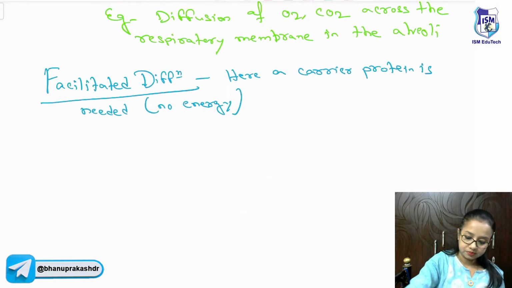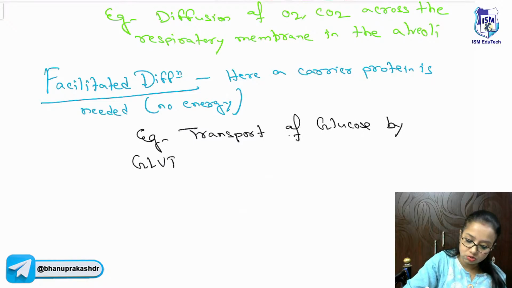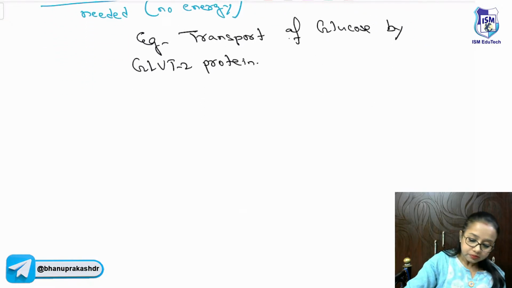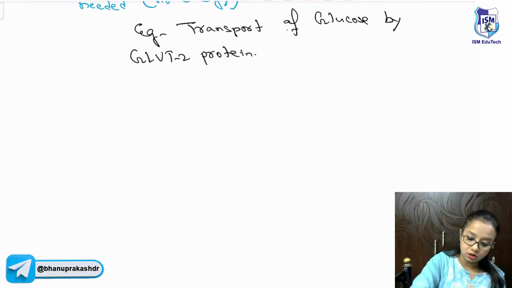So the classical example of this is transport of glucose by GLUT2 protein.